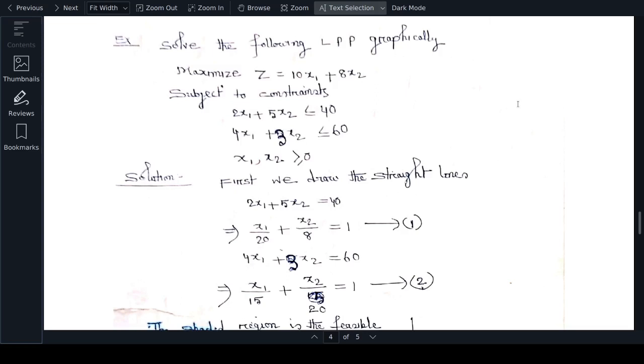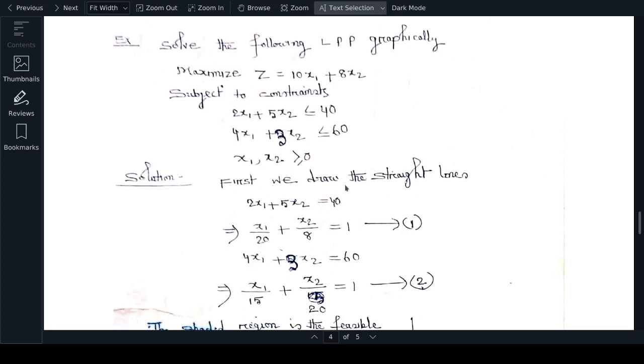So from here, what is our aim? Our aim is to find out the values of x1 and x2 and the objective function. Here the objective function is 10x1 plus 8x2.